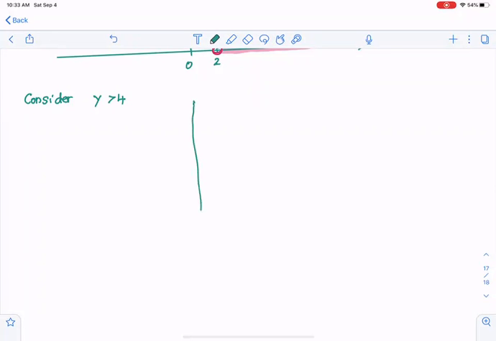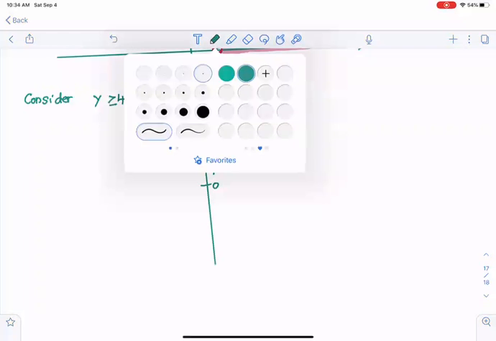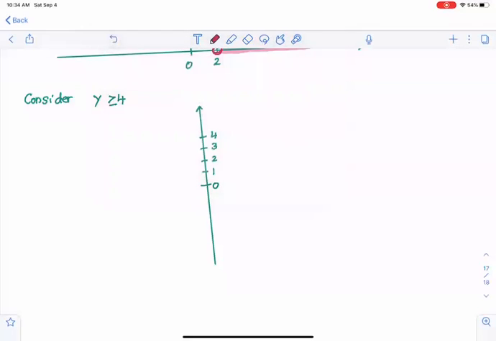So I could draw it as y greater than or equal to, so we have a different case. Since I put equal to, I'm going to have a closed dot, and everything above will be a solution.